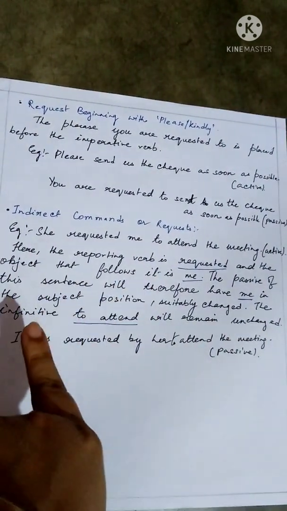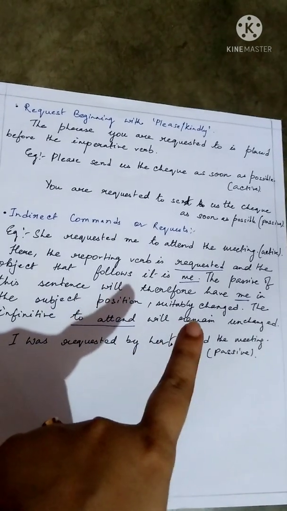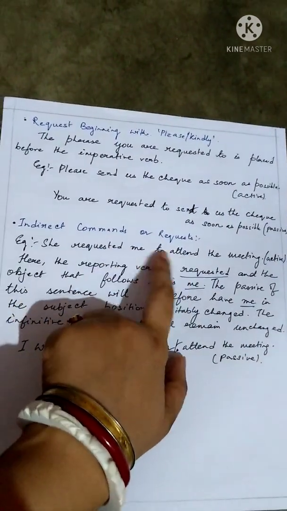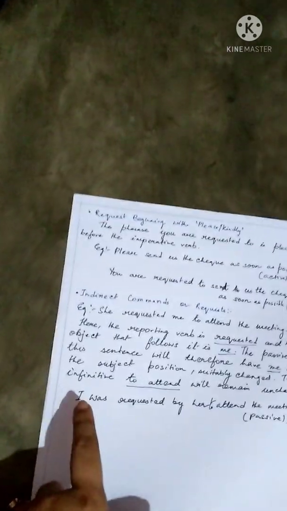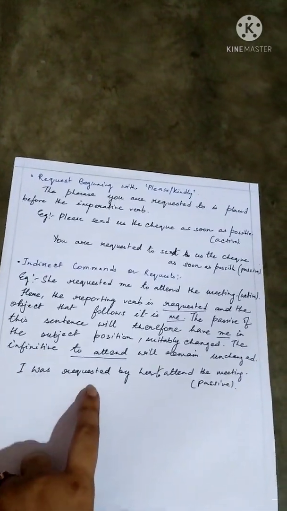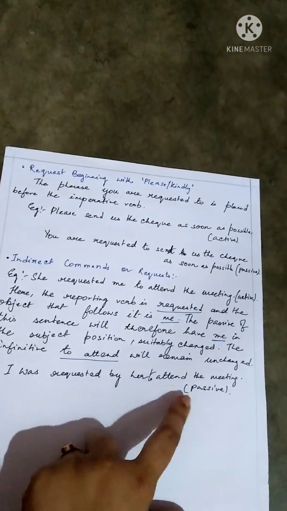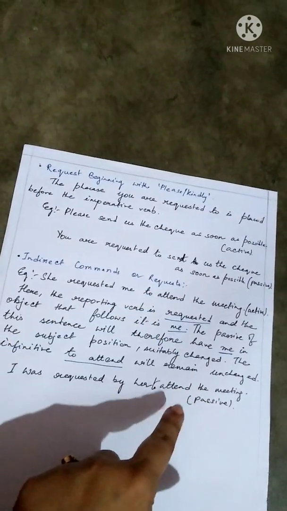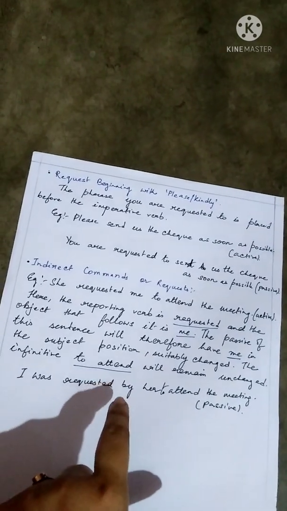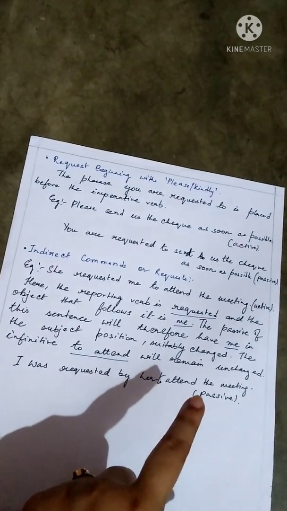The infinitive "to attend" will remain unchanged. So let's see the example in passive. I was requested by her to attend the meeting. See, "to attend" is remaining "to attend" in the passive.